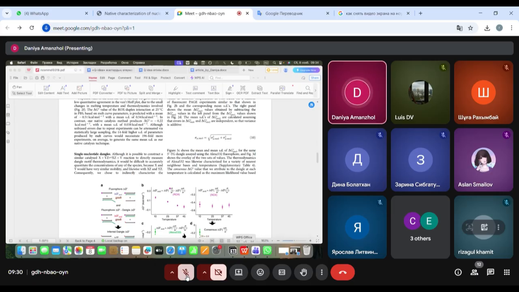This creates errors in delta G predictions of roughly 3 calories. The new native catalysis method instead measures delta G directly in native buffer and temperature, eliminating those biases and giving true free energies relevant to biological and nanotechnological systems.